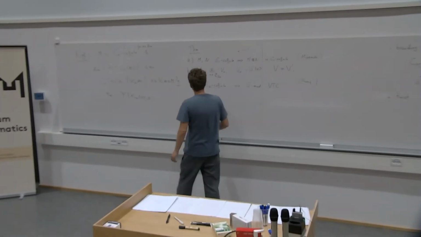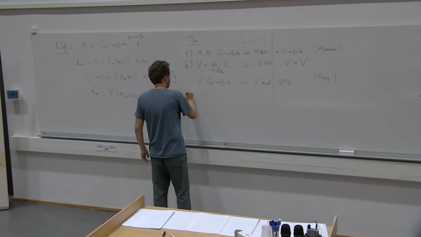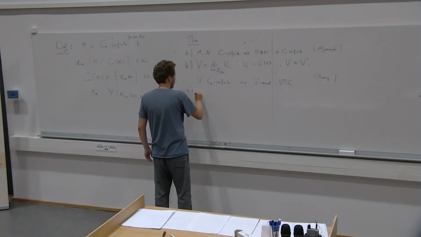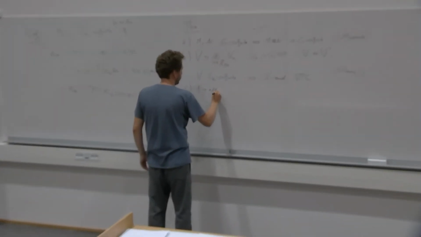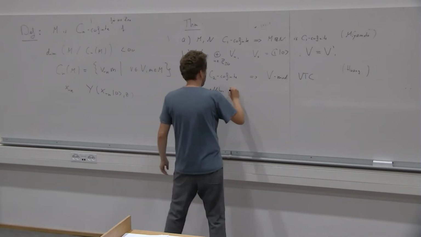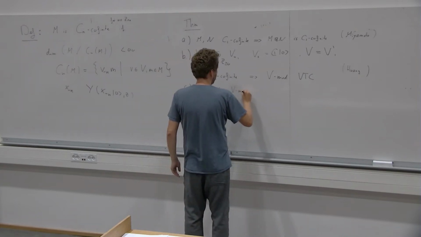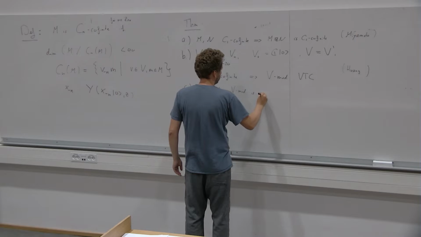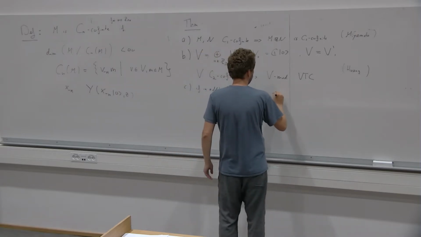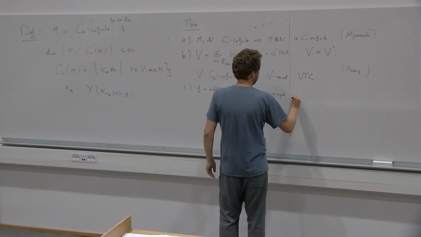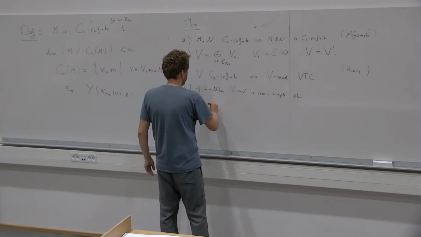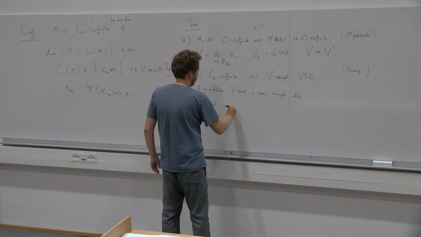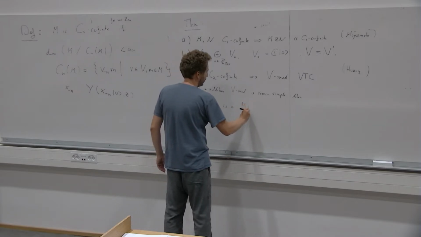Let's call it condition C. If in addition V mod is semi-simple, then this V mod is in fact a semi-simple modular tensor category.